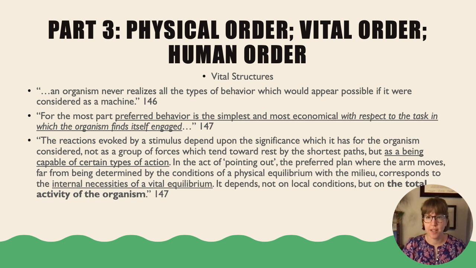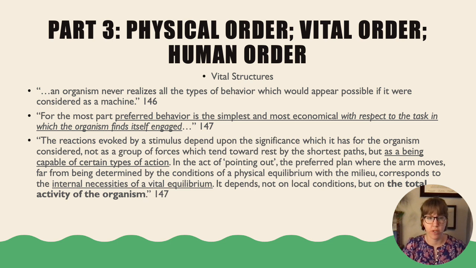Here he clearly says that he does not think that humans can do more than the machine. On the contrary, an organism cannot realize all of its possible types of behavior as if it were considered as a machine. So we are more limited as organisms than a machine is in that respect. I think that's a very interesting little quote. Anyway, that's kind of an aside.